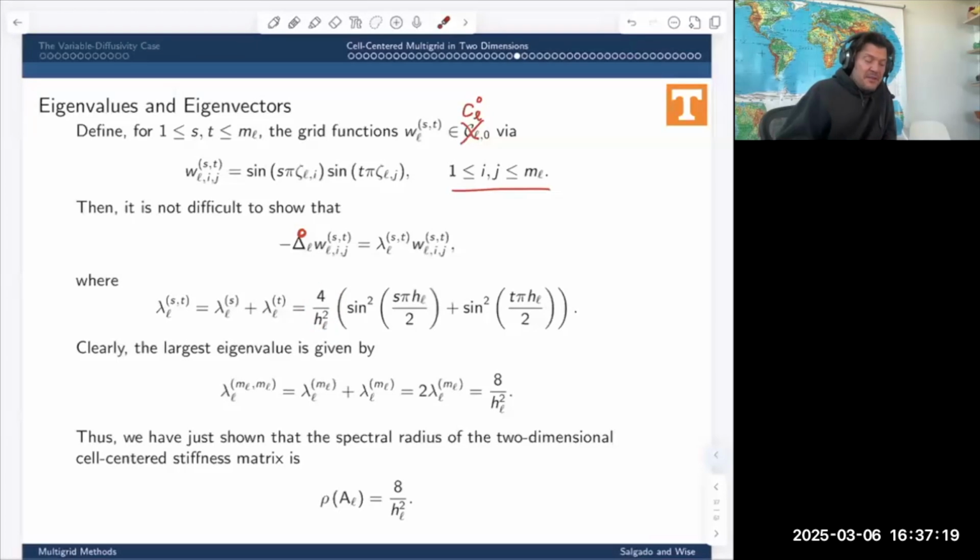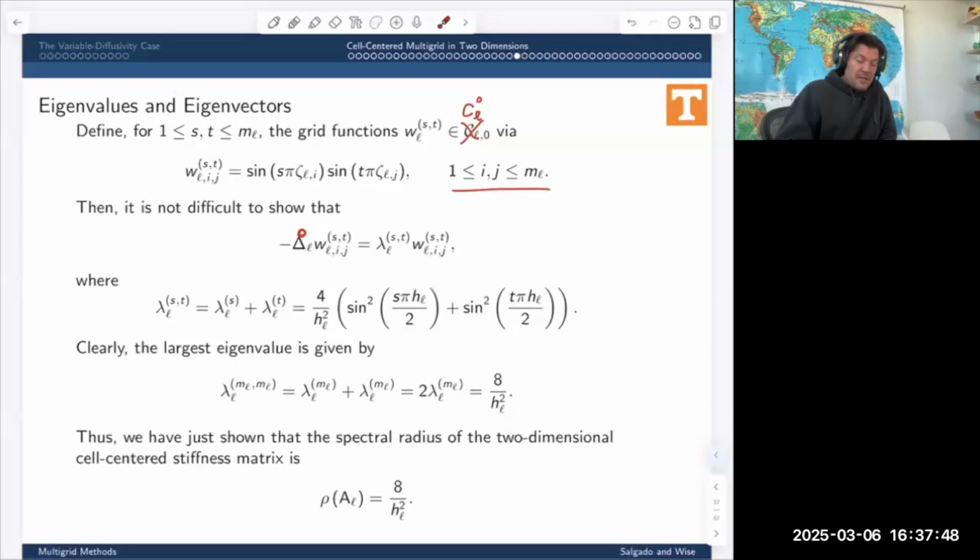Now, the thing I need to know when I'm formulating the Richardson smoother is the spectral radius of the matrix on the particular level that you have. I can find the largest values of both of these; they're obtained whenever S and T are equal to ML.